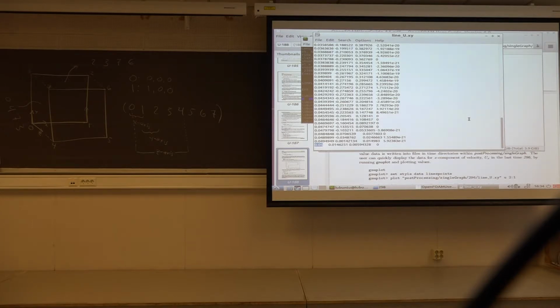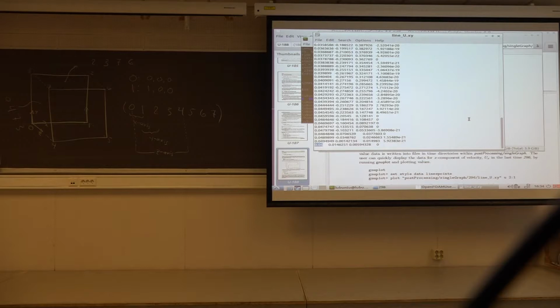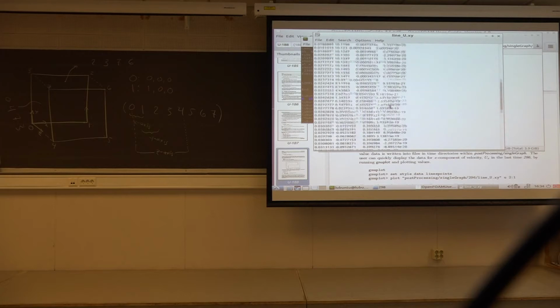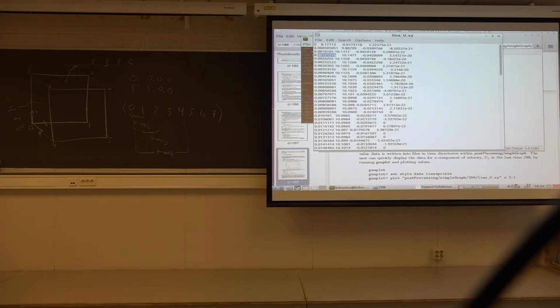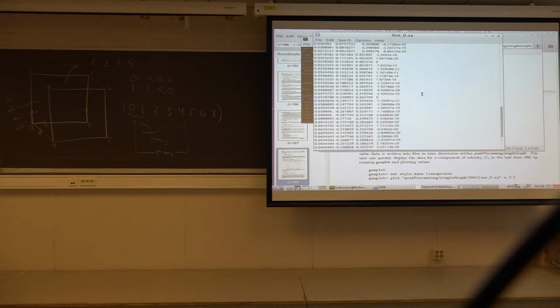If you can recall, the starting point was 0.025, the ending point was minus 0.025. So the total distance, yes, it's 0.05. So that's the first column, then position, then the 3 velocity components. Velocity in the x direction, velocity in the y direction, and finally the velocity in the z direction. You see the velocity in the z direction is not completely 0, so it still uses this equation, although it's a 2-dimensional case.